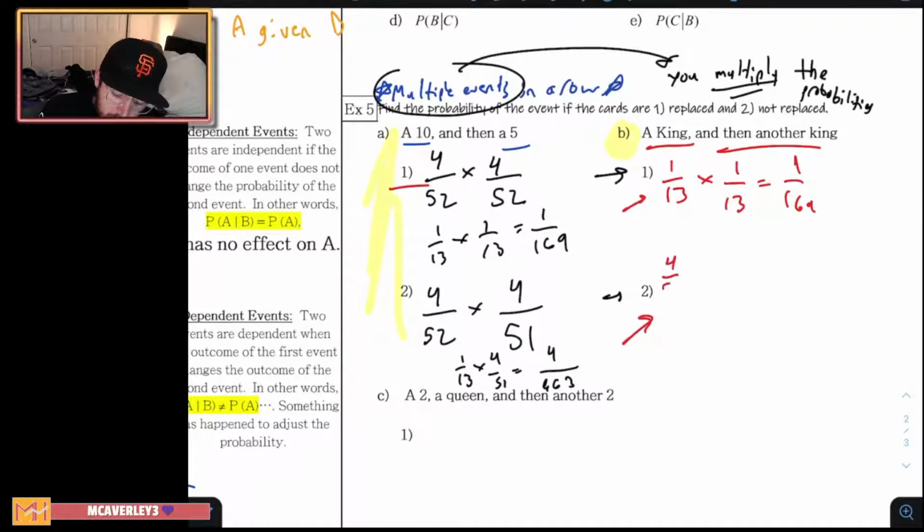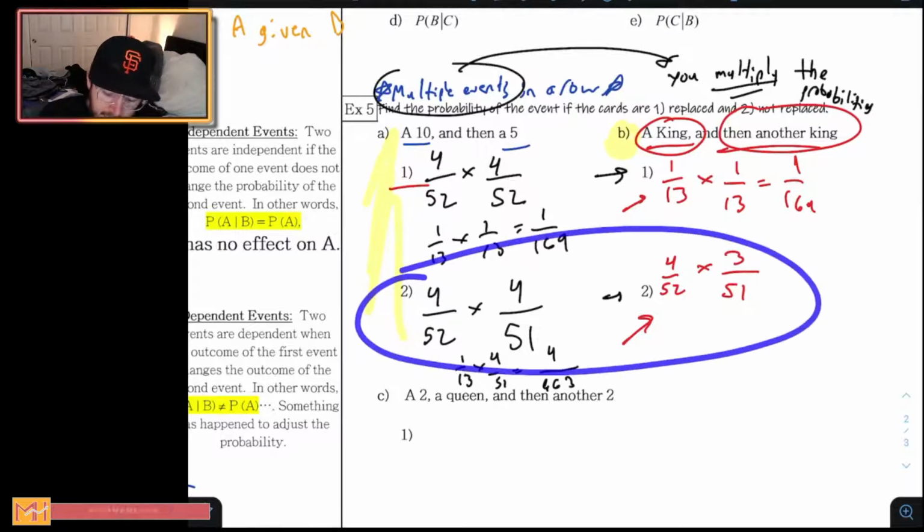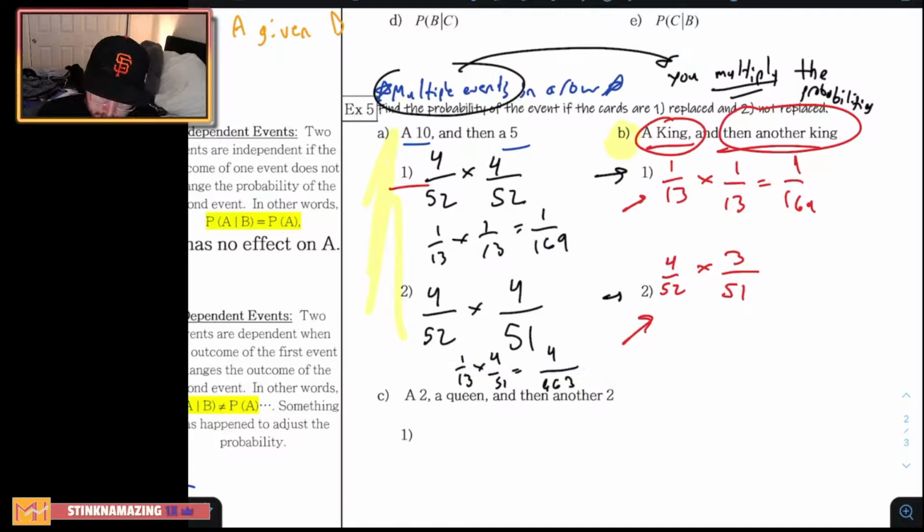But now things heat up a little bit here. Let's write this all the way out. 4 out of the 52 cards are king. So that is the probability for that event. But when I remove that king, how many cards are in the deck? 51. And if I want another king, how many kings are in the deck? 3 out of 51. This second half is a little different.